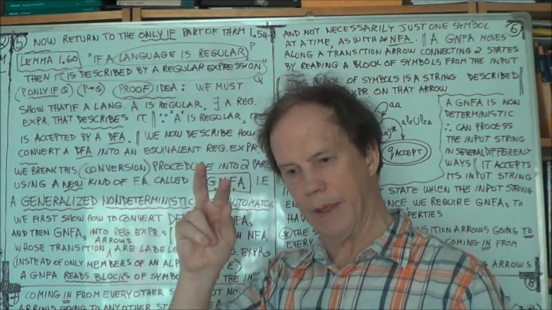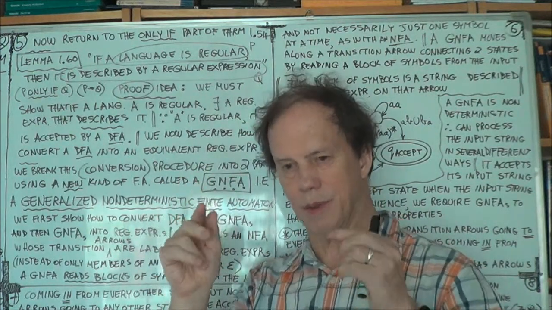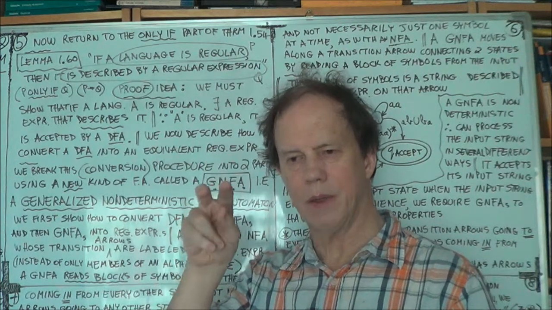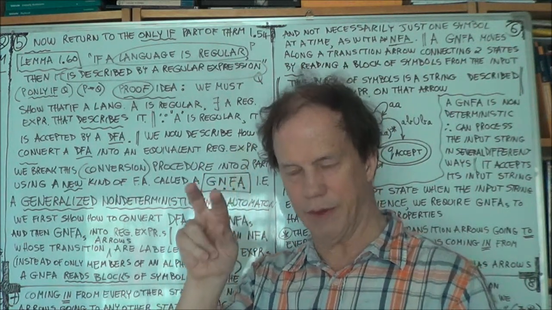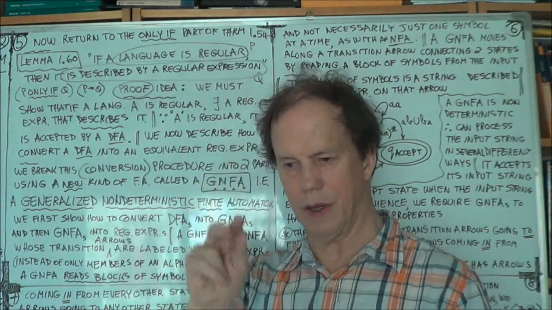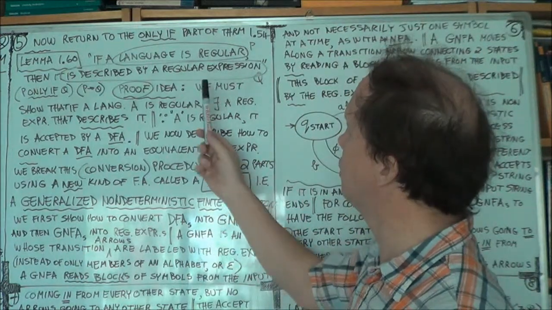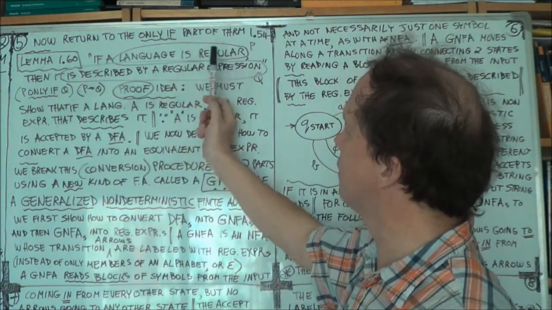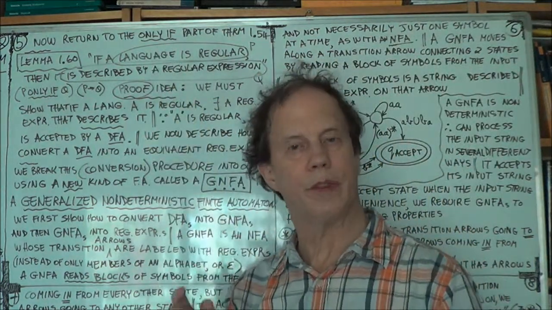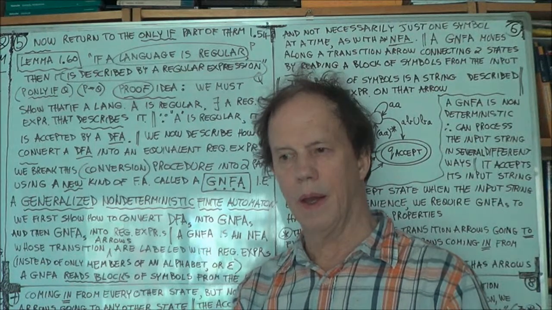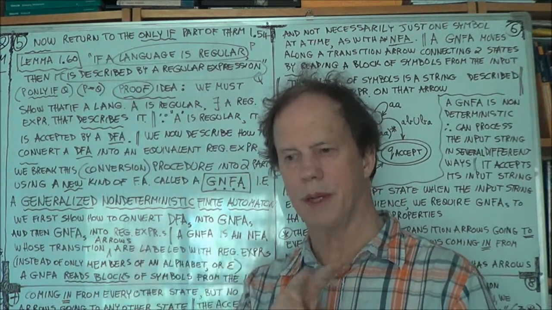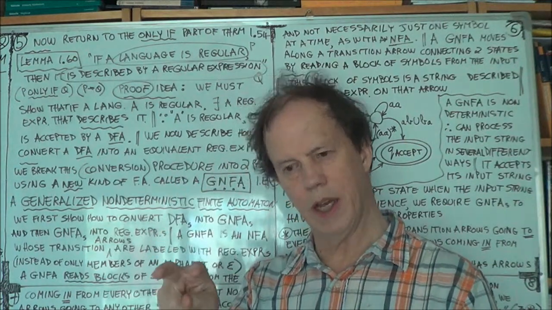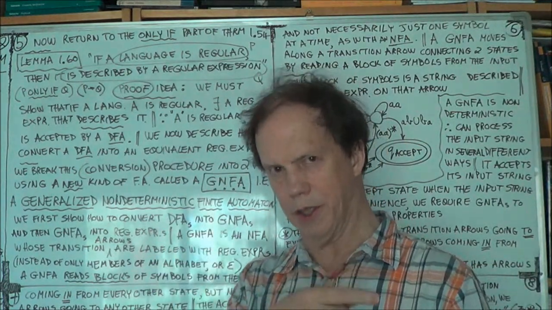I'll say it again because it's important. We start with the DFA, the deterministic finite automaton, the machine that recognizes the language. And from that we have to get a regular expression. So we're trying to go from DFA to a regular expression.